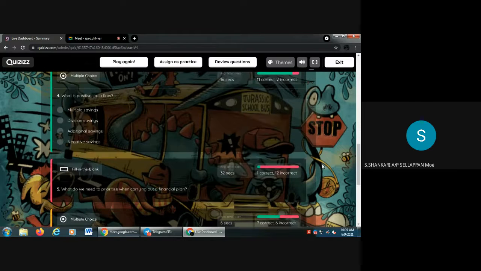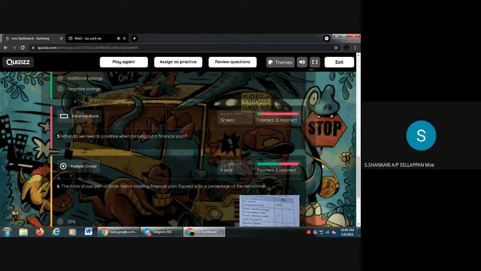What is positive cash flow? Additional savings. Yeah, you have positive cash flow, this means when your expenses are less than your income, okay, that means you can save more. That is additional savings.